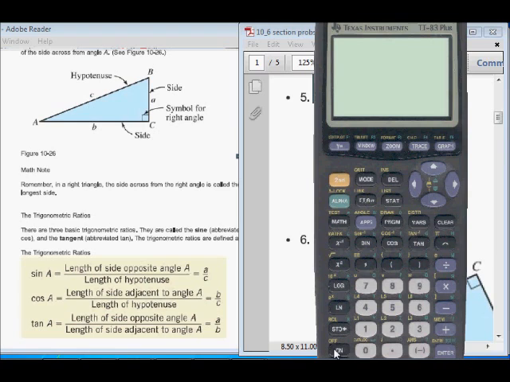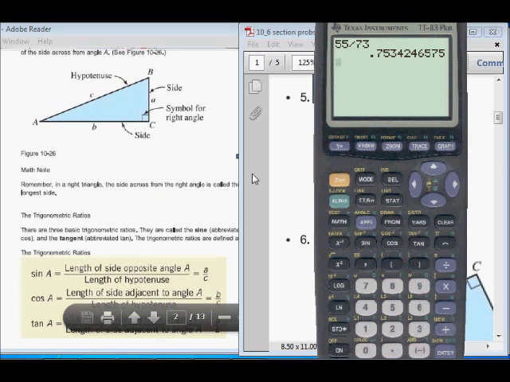It just turned off. 55 divided by 73, enter, and that would be our answer. Okay, that wasn't too bad. 55 over 73, and that was sine of A, length of opposite over the hypotenuse.